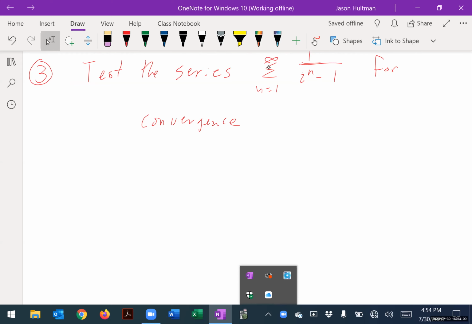So what are we going to do here? Well, I'd like to test something else for convergence. Let's look at this guy, n equals 1 to infinity of 1 over 2 to the n, without the minus 1.